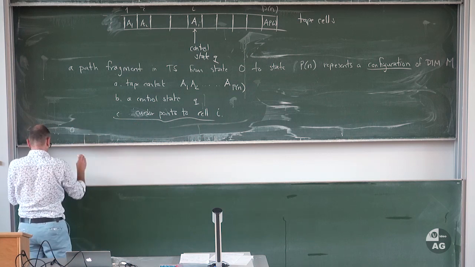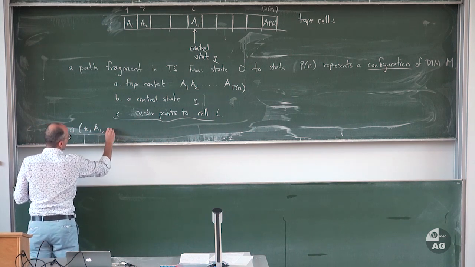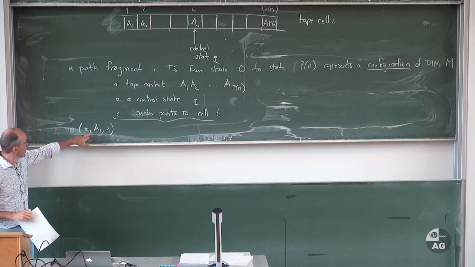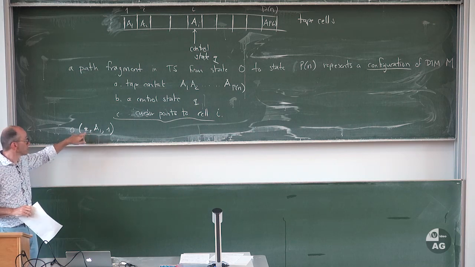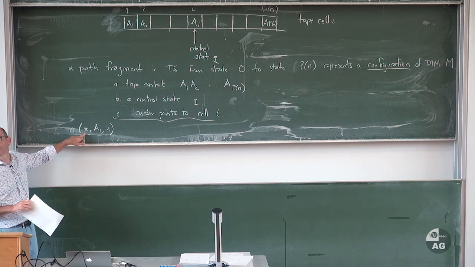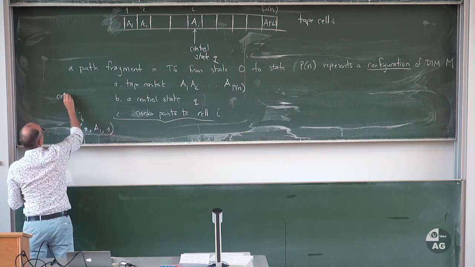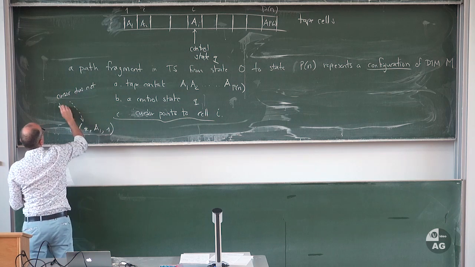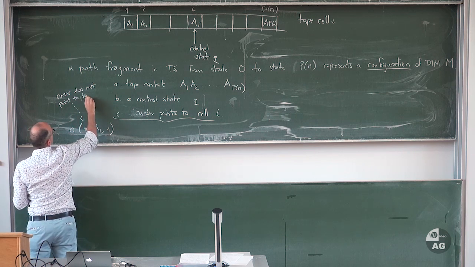We start in 0, then we have star, A1, 1. So now you see what I need the star for. The star means you have those elements in the tape, but the cursor is not pointing there. So this means the cursor does not point to tape cell 1.